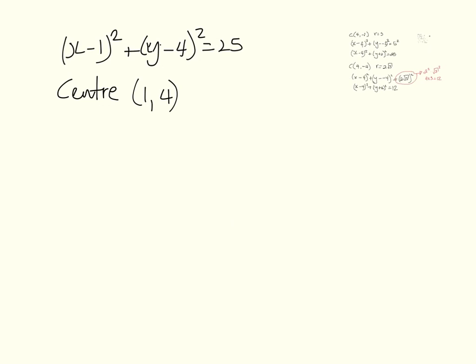The radius, on the other hand, is going to be the square root of that number. So radius is equal to the square root of whatever you've got on the end there. Okay, because remember that this was r squared. So we need a square number for it. So it means that the radius is 5. So for that circle, if you were to draw it, the radius would be 5.